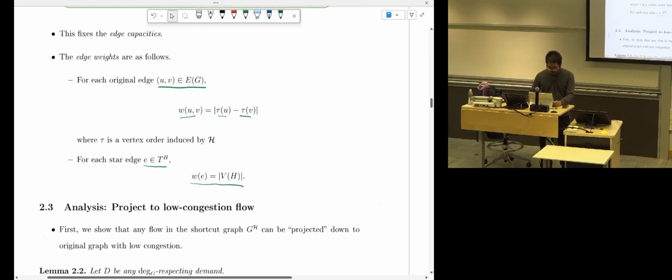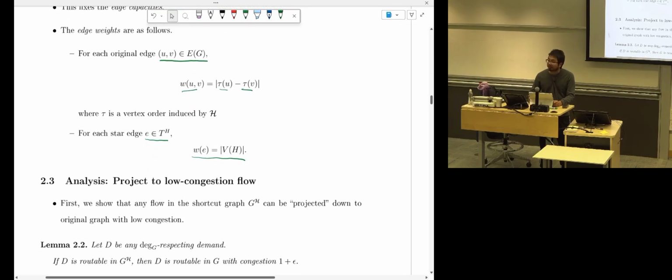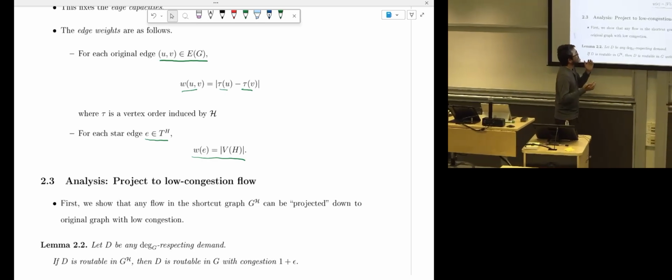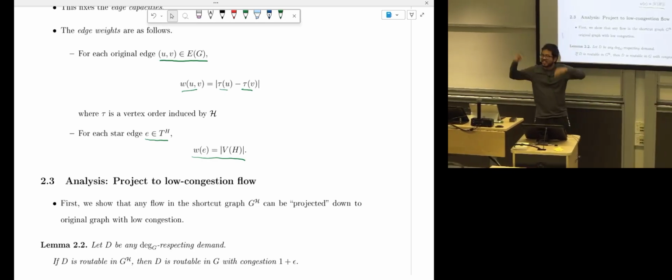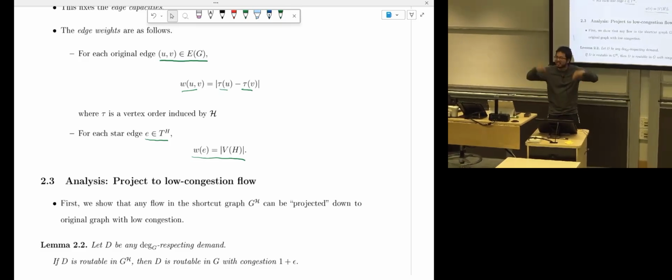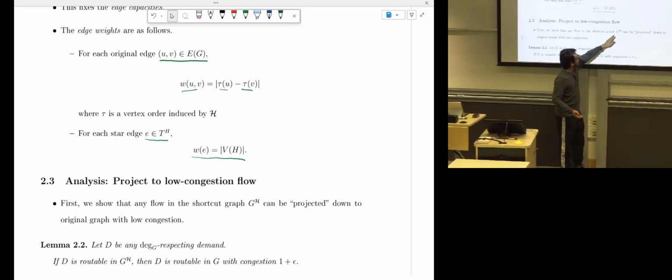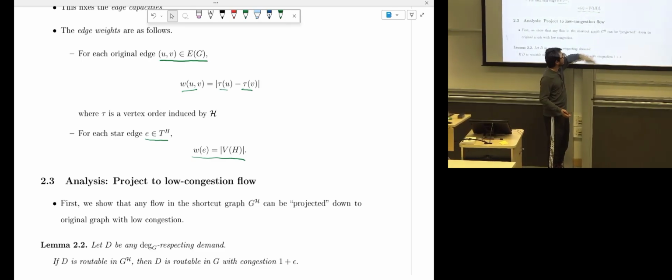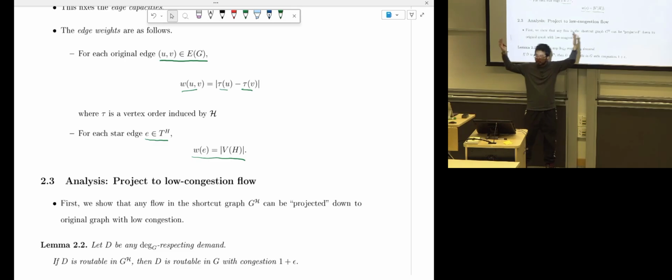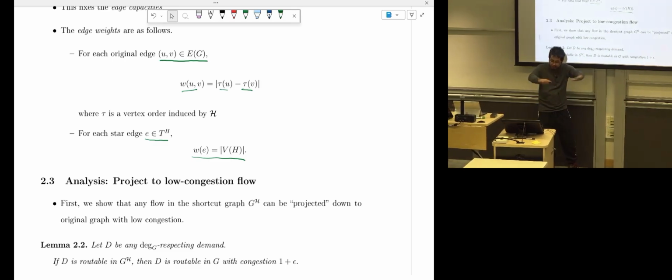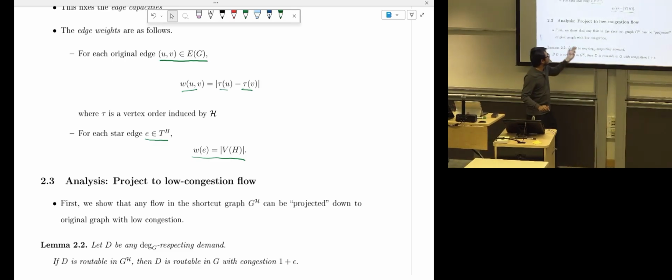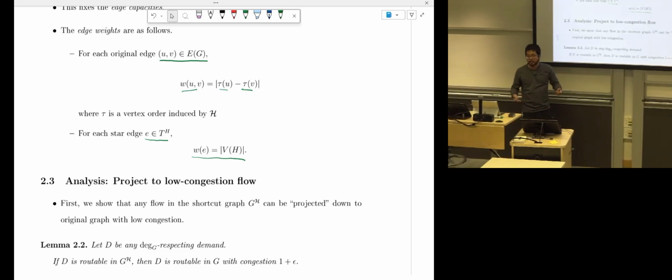So the first thing I want to analyze is similar to what we have done. I want to say that all these stars that we add, in total, don't really increase the connectivity of the whole graph. So we're going to show that given a flow on the shortcut graph, you can project it down to the original graph so that it doesn't really increase the congestion.